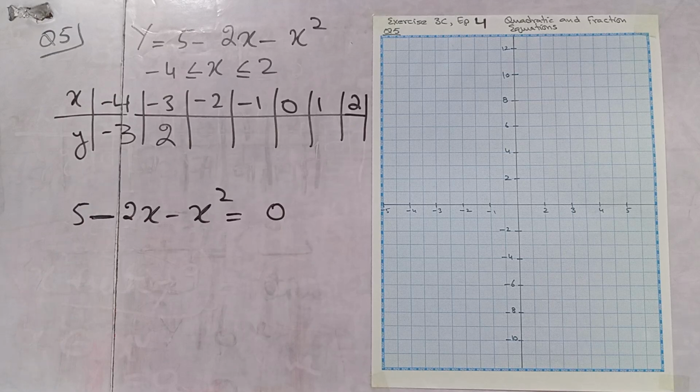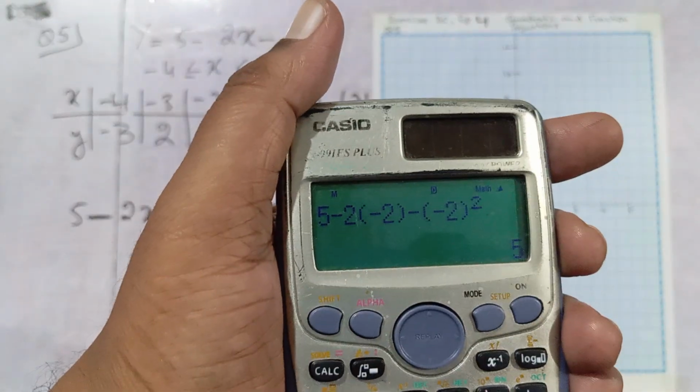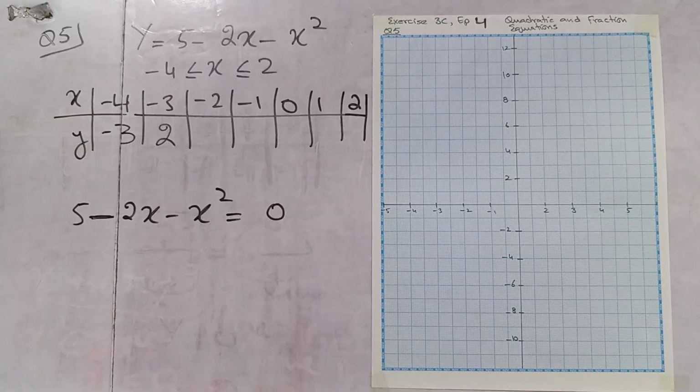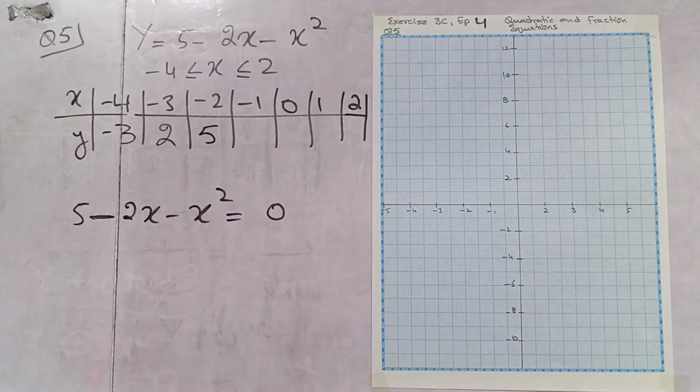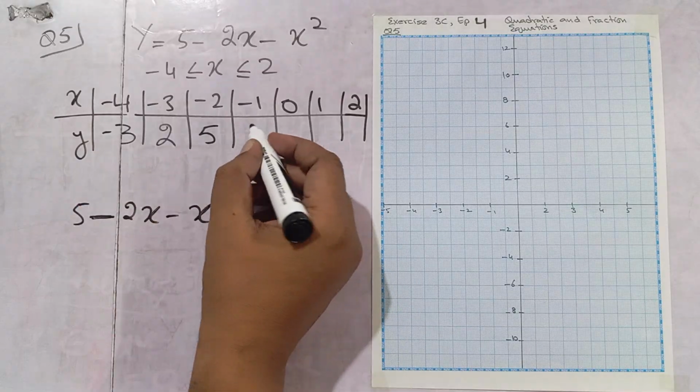Then we have x equals minus 2: 5 minus 2 times minus 2, minus minus 2 squared, equals, and that is 5. Then we have 5 minus 2 times minus 1, minus minus 1 squared, and equals, and it will be 6.